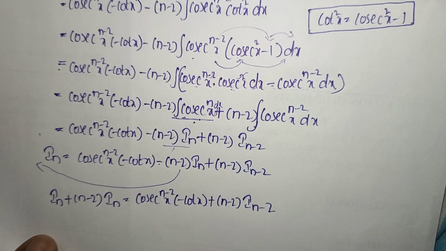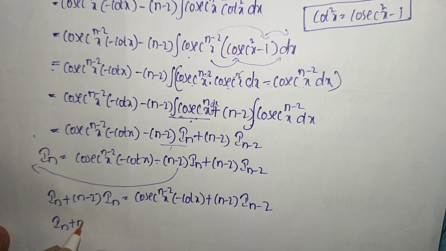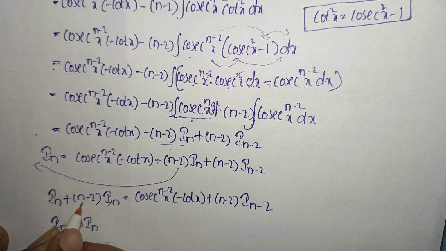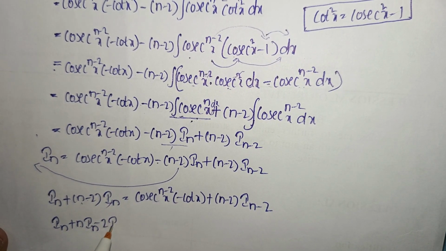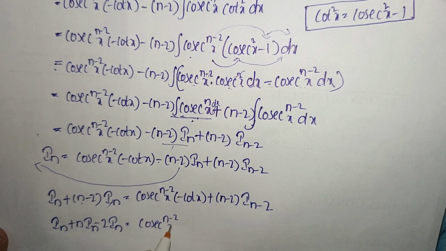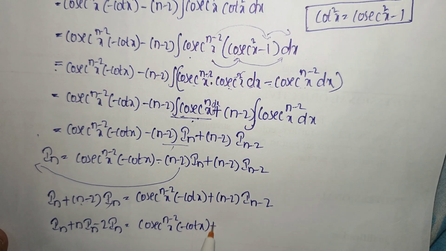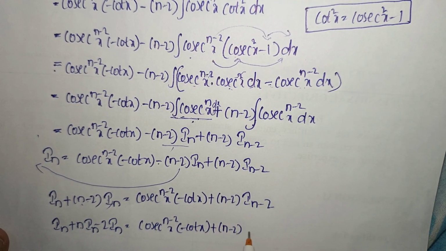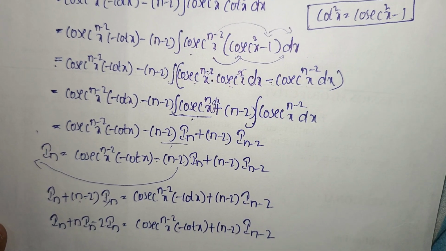Next, I_n plus (n minus 2) I_n, I'm multiplying it: I_n minus 2 I_n is equal to cosecant to the power of n minus 2 x minus cot x plus (n minus 2) I_{n-2}.